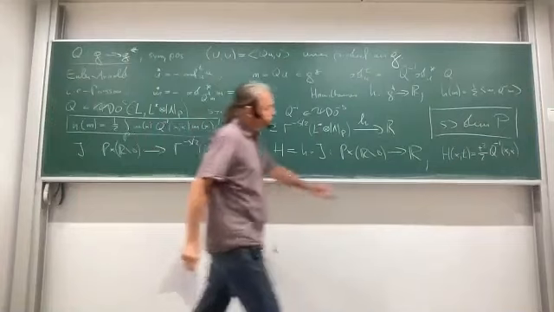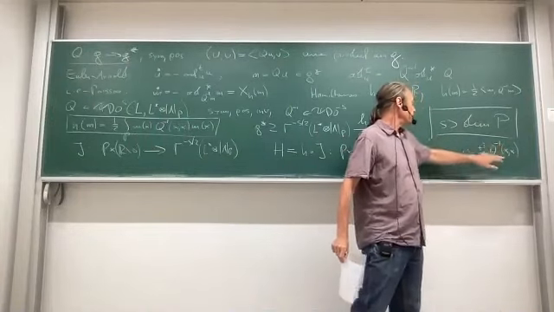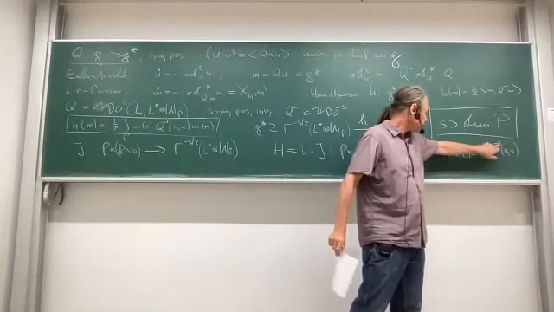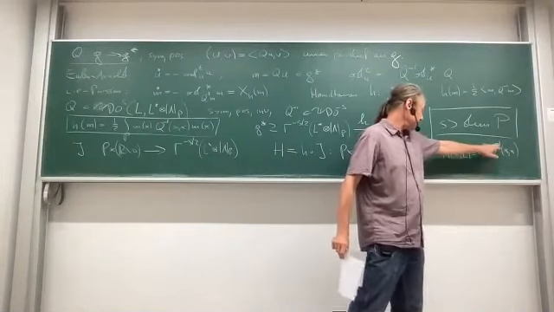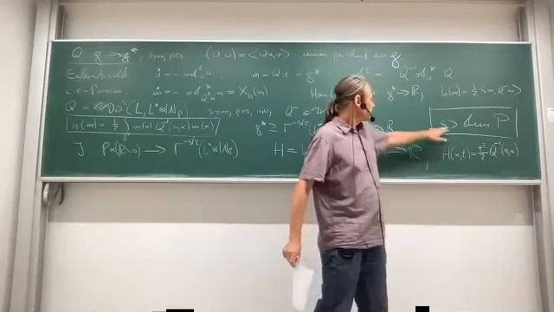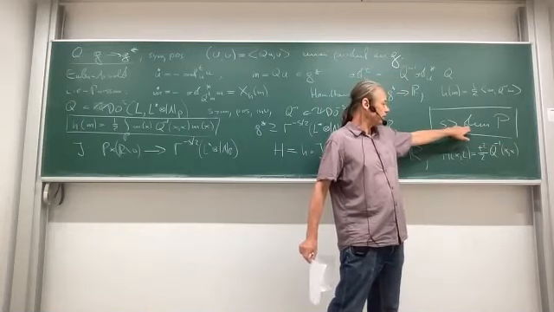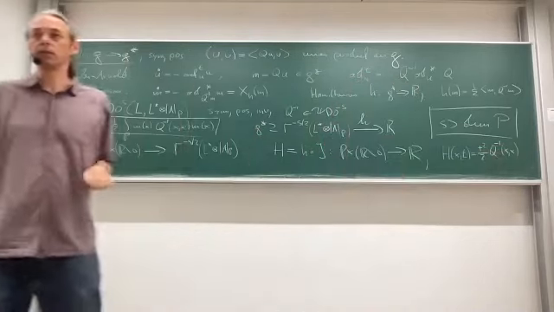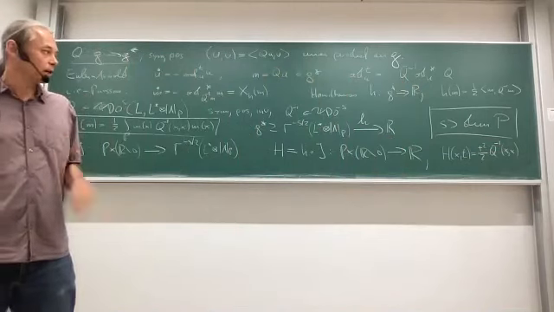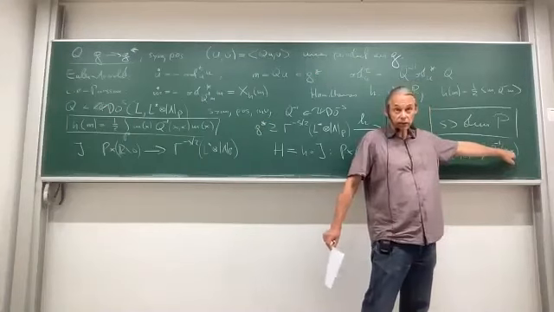And the operator Q to the power minus 1 is an operator of order minus S. So minus S is smaller than minus the dimension of P. So the kernel of this operator is going to be continuous, just by the order it has. It's going to be continuous, so we can restrict it to the diagonal.